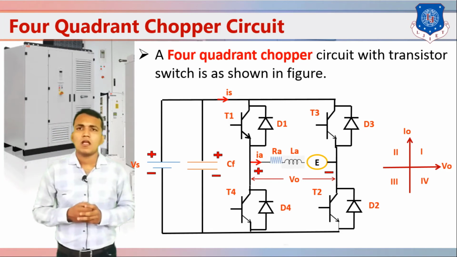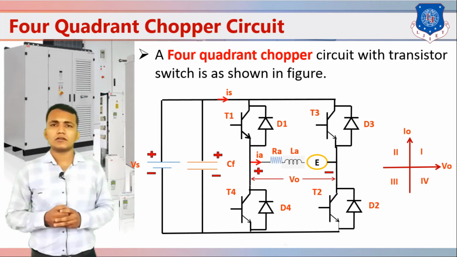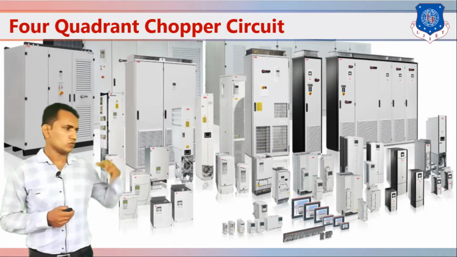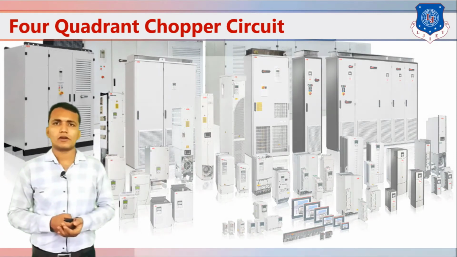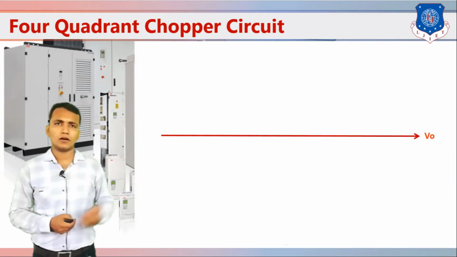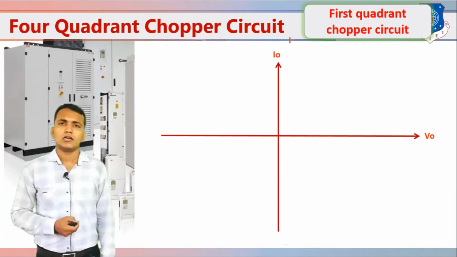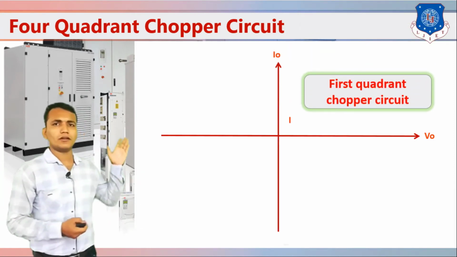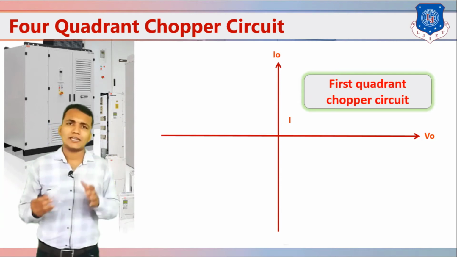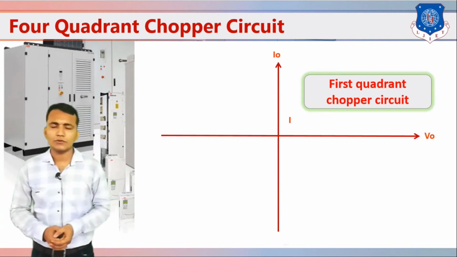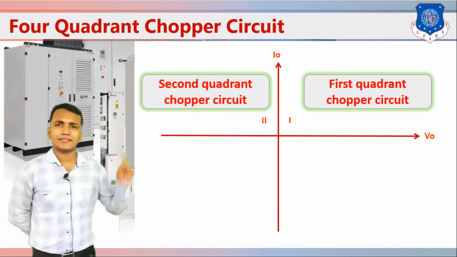Okay. Now we have to discuss this 4-quadrant circuit in every quadrant. So you can see we have V0 and then I0. That is our first quadrant. In the first quadrant, voltage and current both are positive. Then that is the second quadrant.